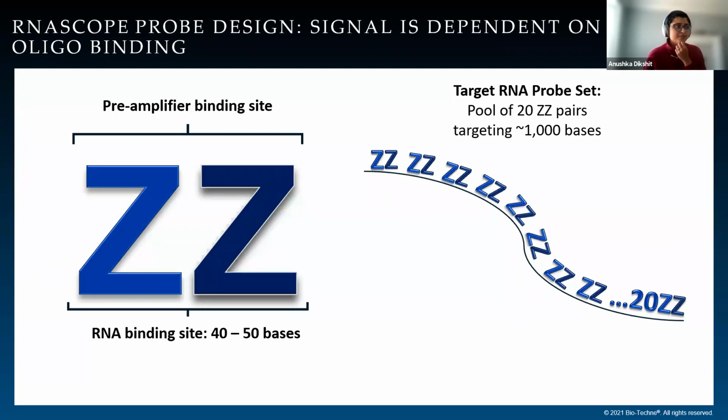So approximately, we span a range of 1,000 bases, such that pairs of these probes are bound along this region in this fashion. So the probes that we provide are a pooled probe sequence.